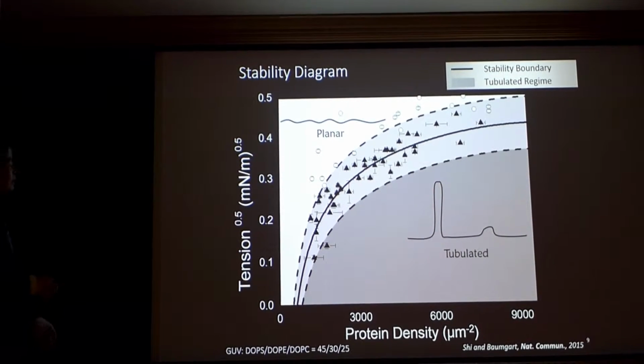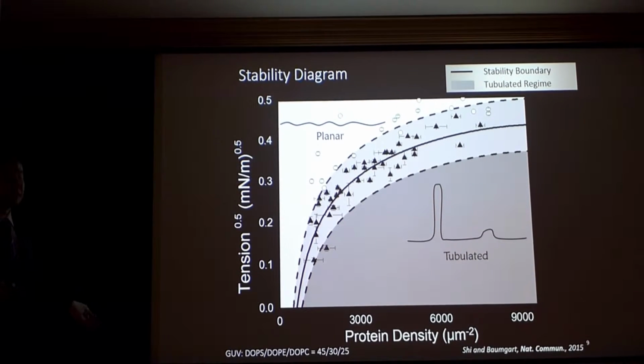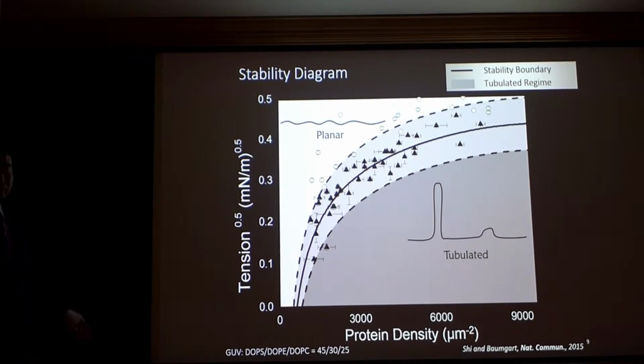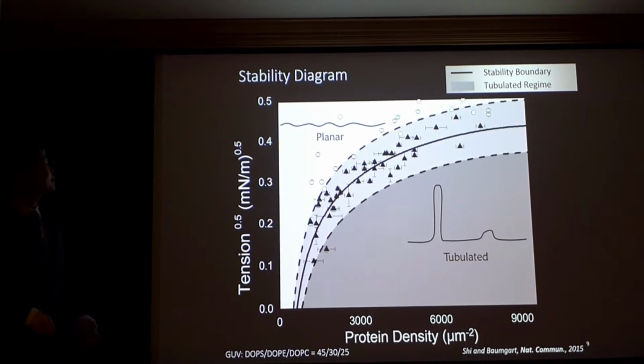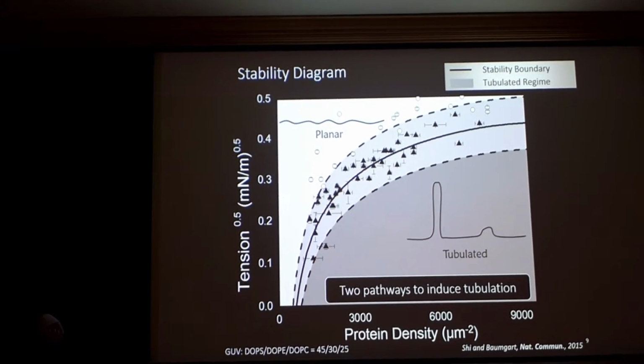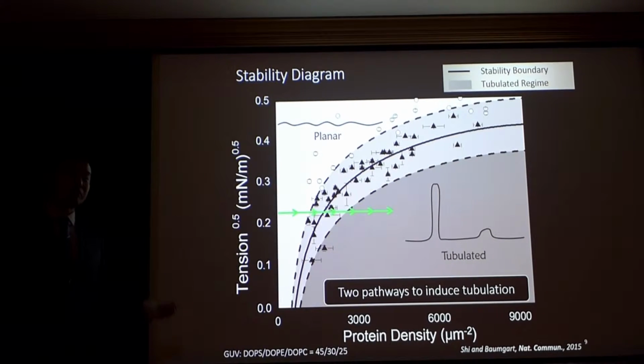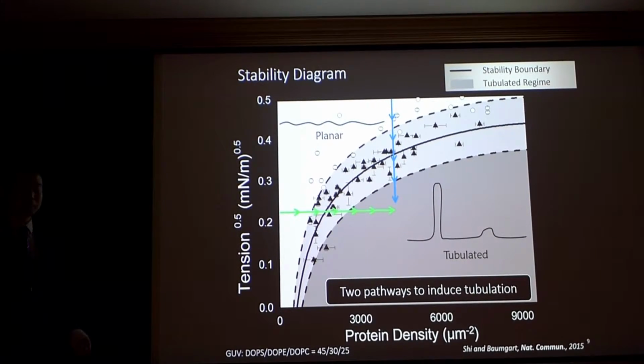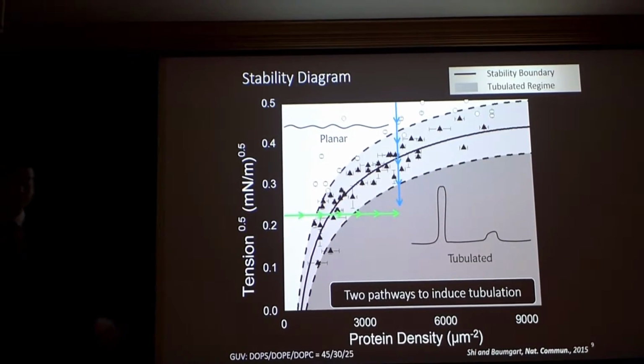So as you can see, this tells us there are 2 states of the membrane, a planar or stable state, and an unstable state with these membrane deformations. And there are 2 ways to go from one state to another. One is by increasing protein density on the membrane, which is a rather slow process, and the other is by decreasing membrane tension, which can be much faster.